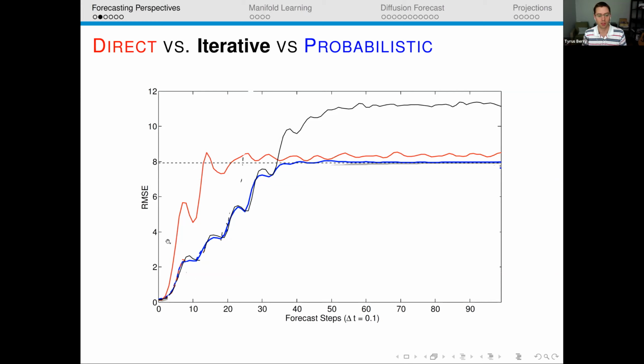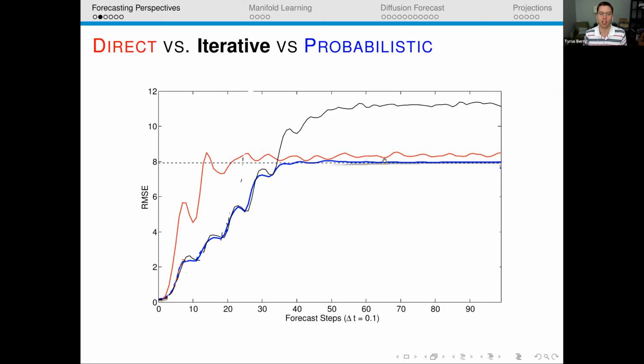If you do this direct forecast, what you tend to see is the forecast skill decays a little more rapidly, but it captures the true invariant measure a little better. In the long-term forecast, because you're approximating a function that's sending stuff all over the place, you're basically going to get the mean.